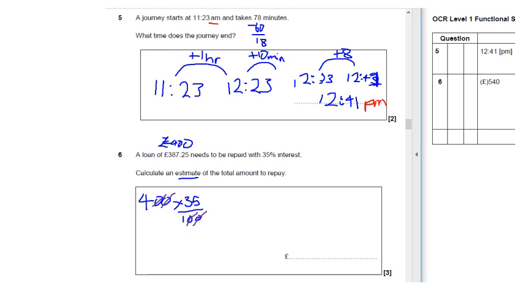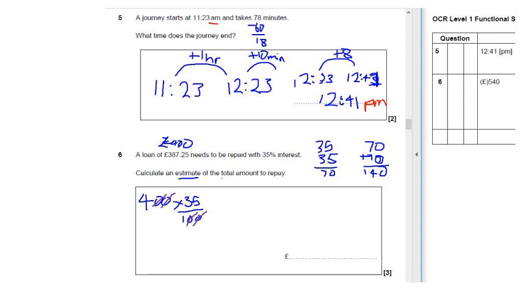So now I need 4 times 35. On my answer sheet, I did 35 plus 35 is 70, and then 70 plus 70 equals 140.